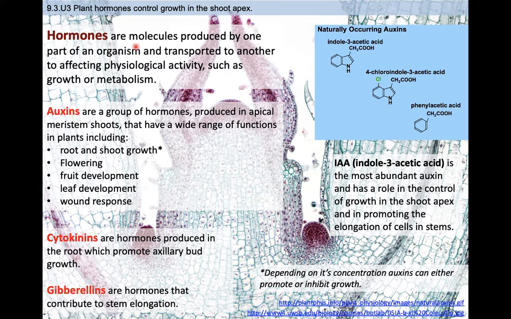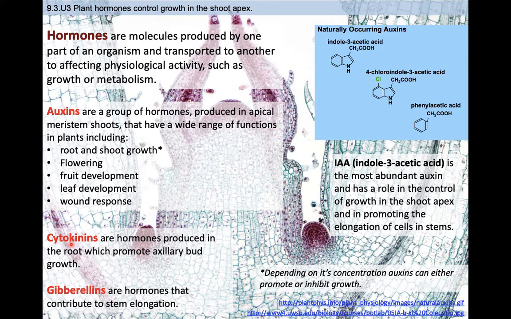So let's take a look at the different hormones. We know that hormones are chemicals that can be transported to another location and cause physiological activity, such as growth and metabolism. The main hormone that you definitely need to know is auxins. Auxins is the main hormone that's going to cause growth in a plant. But there are tons of other functions, including root and shoot growth, flowering, fruit development, leaf development, and wound response. Cytokinins are a hormone produced in the root which promote axillary bud growth.